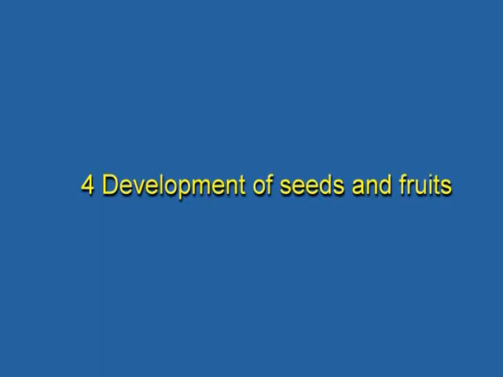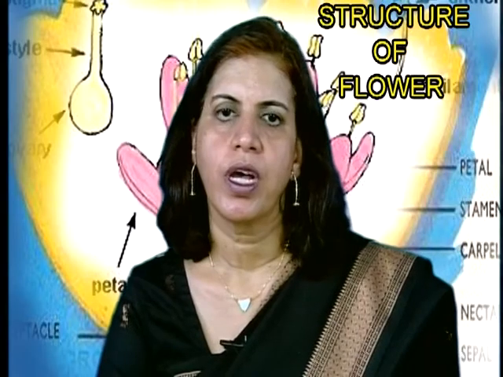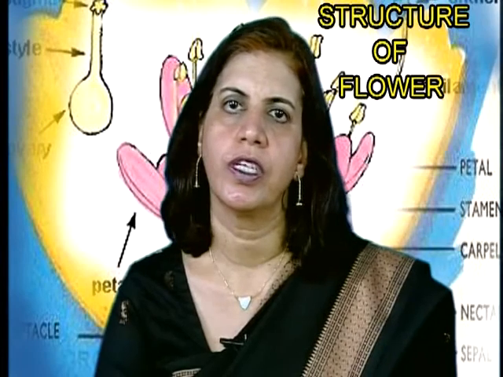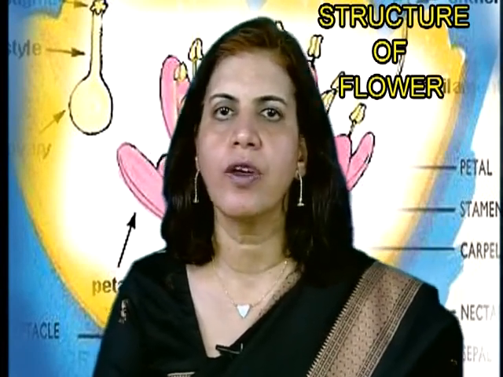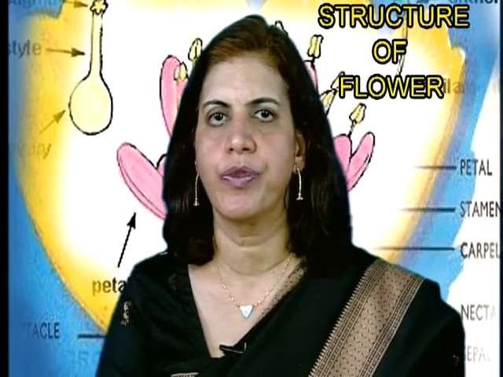The next function of flower is development of seeds and fruits. How will the seeds and fruits be produced? After fertilization, in angiospermic plants, seeds are enclosed within the ovary.